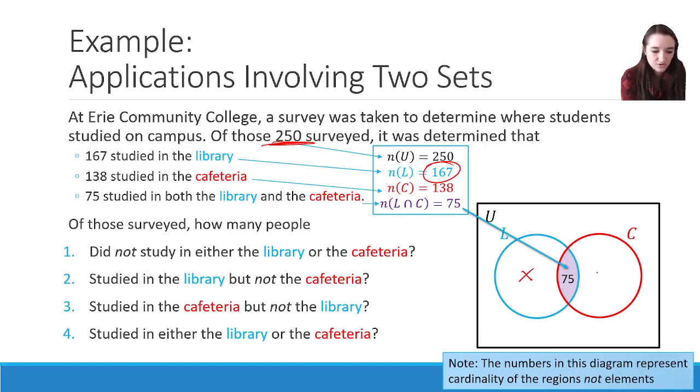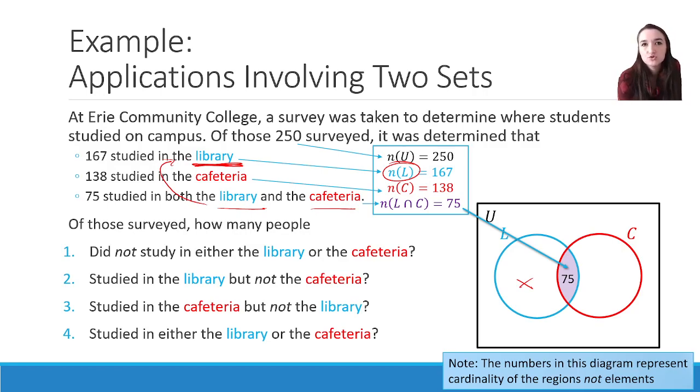So when I add in 138, if I did this, I'm already over 250 people. That's a problem. So we need to figure out, how do I actually know how many are in this specific area? Because L is just people who study in the library. If they study in the library and the cafeteria, they're already accounted for. So we don't want to double count.